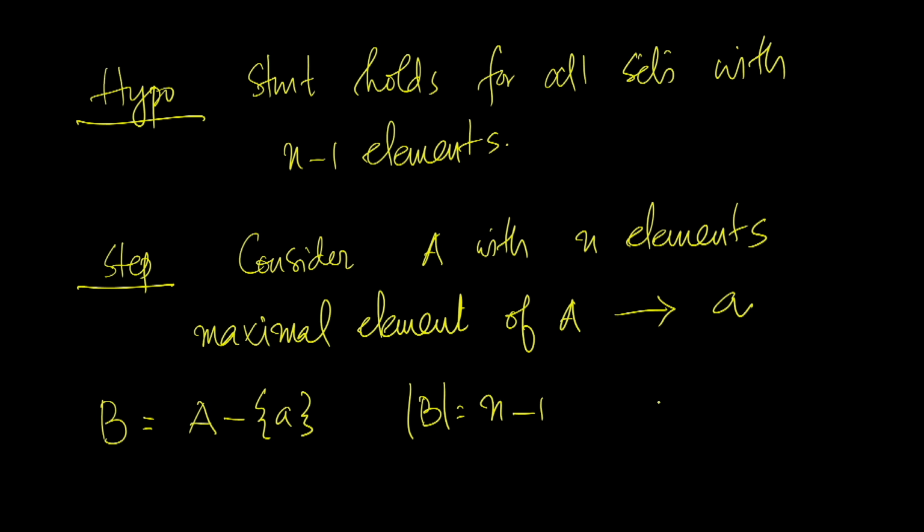So, let us say g is a consistent enumeration for B. Then a consistent enumeration for A can be constructed very easily. Let us define a function f. F of x will be defined like this. If x equal to a, we will put f of x as n.